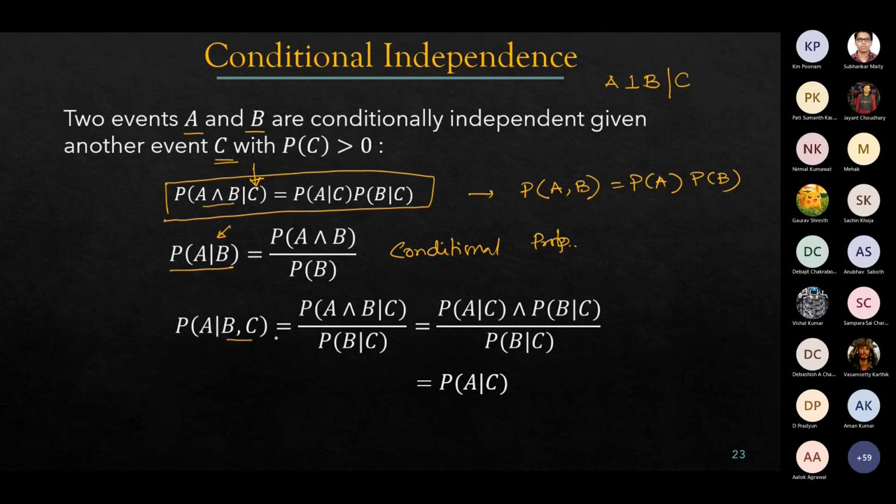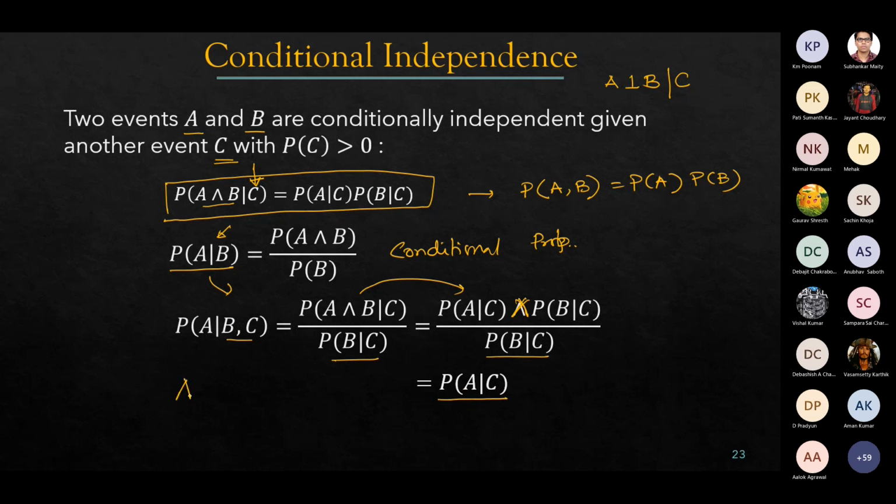We can rewrite this formula as probability A and B given C divided by probability B given C. This can be refactored into probability A given C times probability B given C, and below you have probability B given C, and what we get as an outcome is probability A given C. What does that mean?